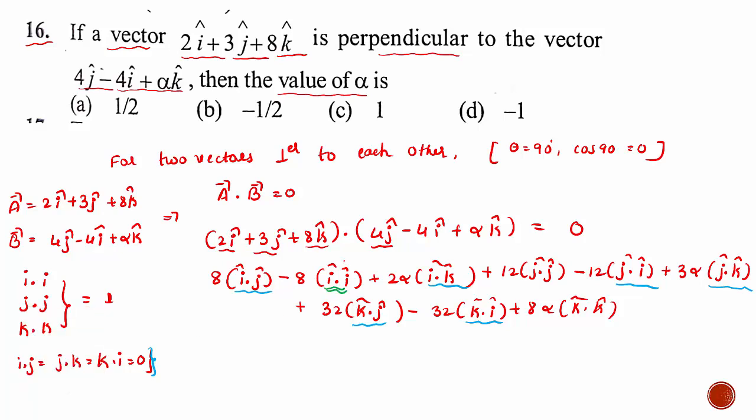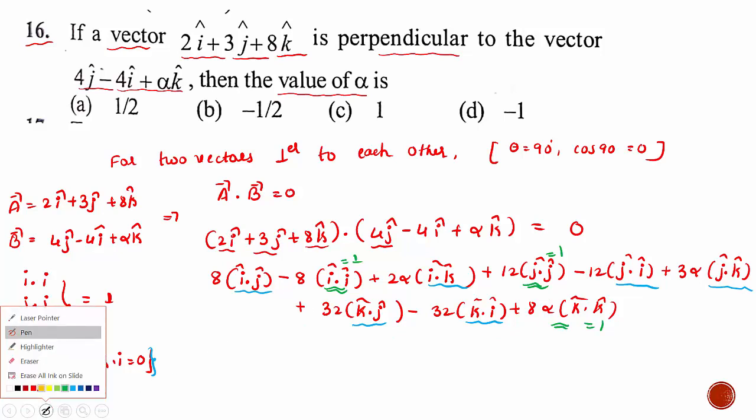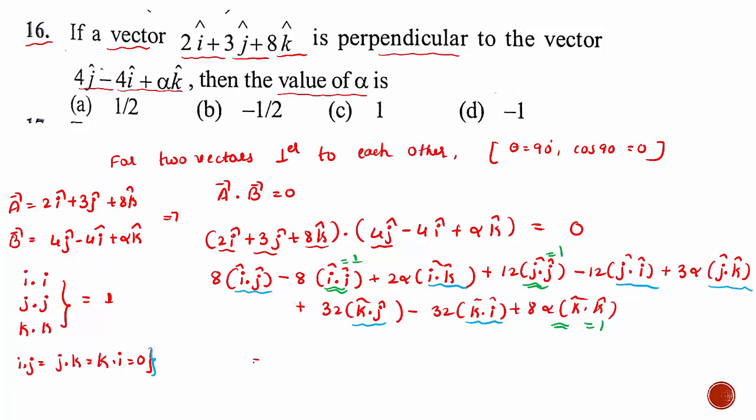So these values are equal to 1. j dot j equal to 1. k dot k is equal to 1. So we will get the answer. I can write 8 into i dot j is 0. Leave it. Minus 8 into 1 plus 12 into 1 plus 8 alpha into 1.